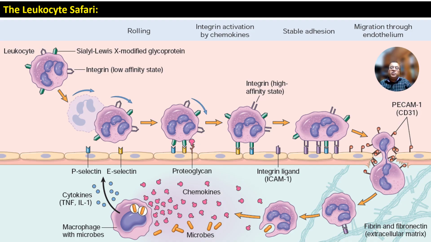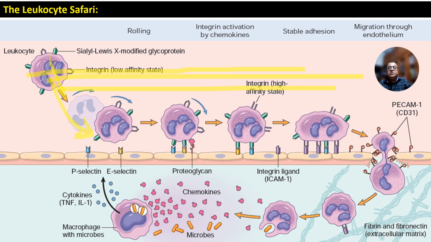Memorize this picture from Robbins to understand the process of acute inflammation. That is a multi-step process where the leukocytes first are going in the laminar flow within the vessel wall. They first move away from the laminar flow toward the margin.